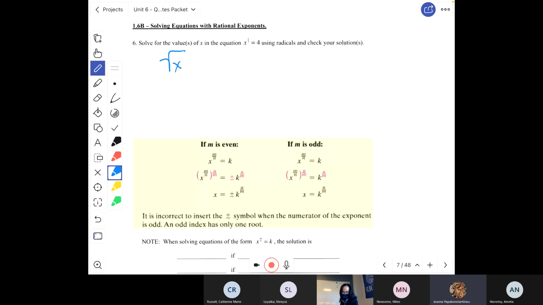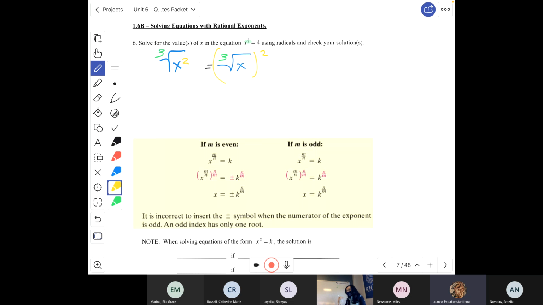What would be the root index? 3, right? The root index is the denominator of the rational exponent. And remember that rule that says I can either put the squared on the inside or on the outside, depending on what makes the problem easier.